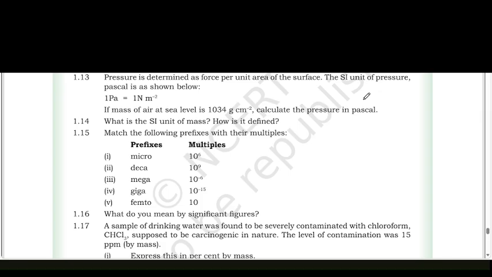Here the mass of sugar we are given is 20 and the molar mass will be 342. So 20 by 342 we will get 0.0585 moles.